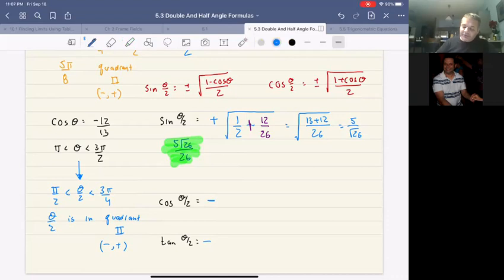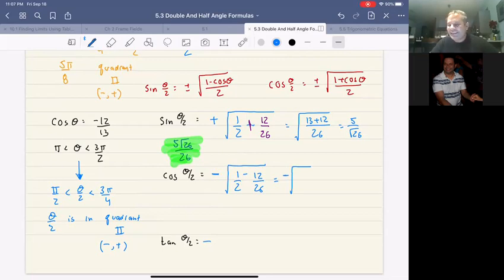Okay. Next one, cosine. Cosine theta/2 equals negative, because remember in quadrant 2, cosine is negative, square root. It's almost going to be the same thing: 1/2 minus 12/26. Again, common denominator is 26. So that's going to be square root of negative 1 minus 12.